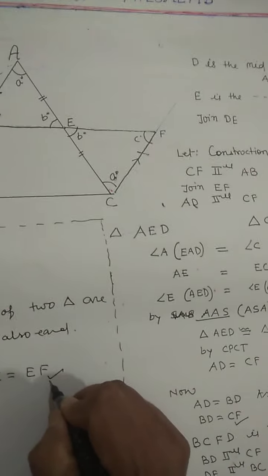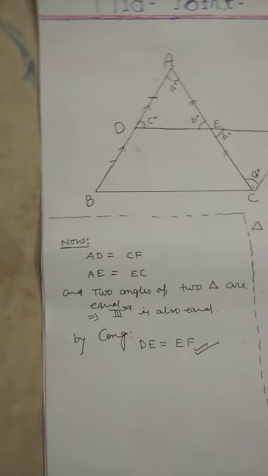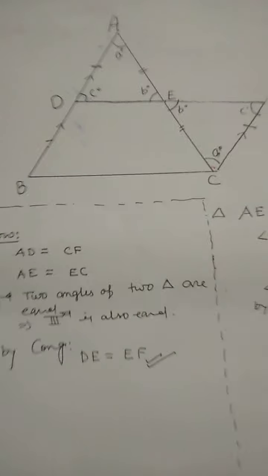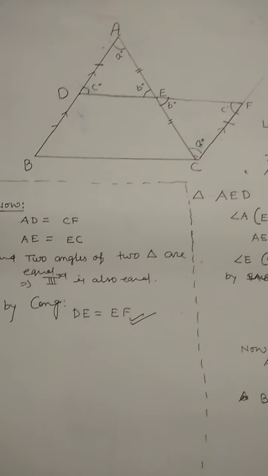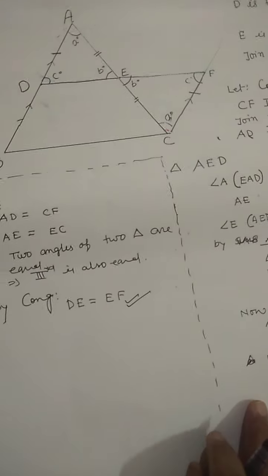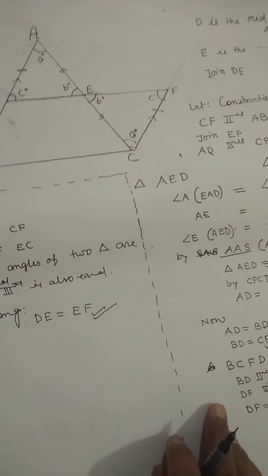This is your main part where the children always get confused about how it happened. If in two triangles two sides are equal and all three angles are equal, then 100% the third side is equal to the third side by the law of congruency. So DE is equal to EF.